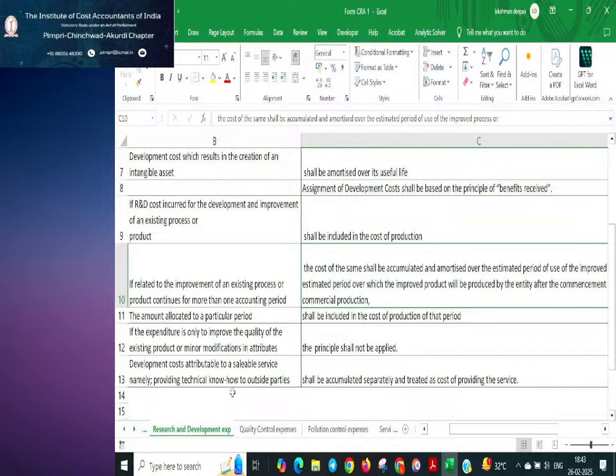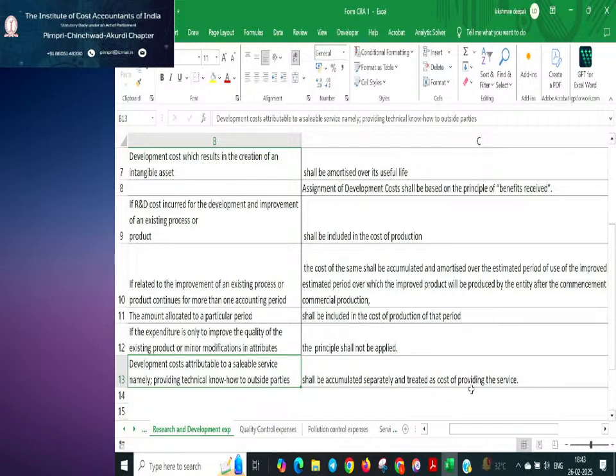Then development cost attributable to saleable service, namely providing technical know-how to outside parties. That is, you have done research and development and the outcome of that is sold to someone else. So you are going to receive income on the technical know-how support that you provide to an outsider. So it shall be accumulated separately and treated as cost of providing the service.